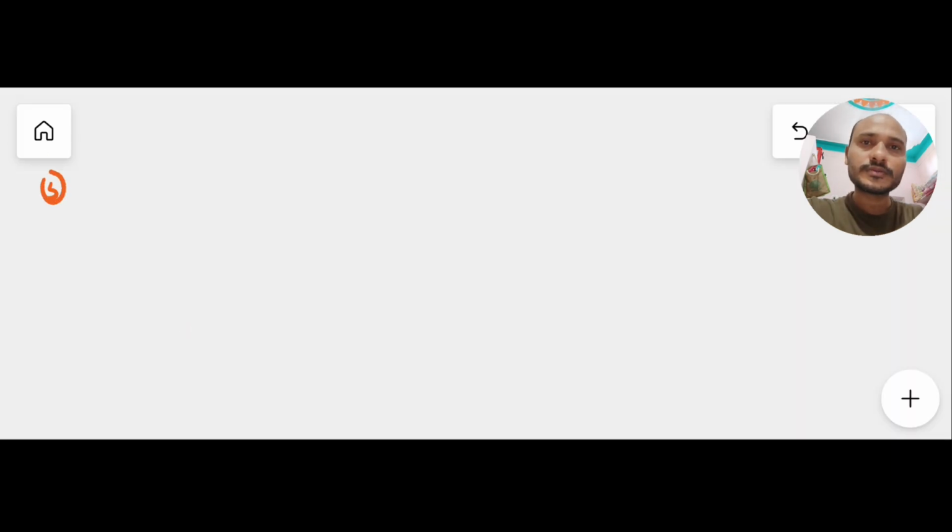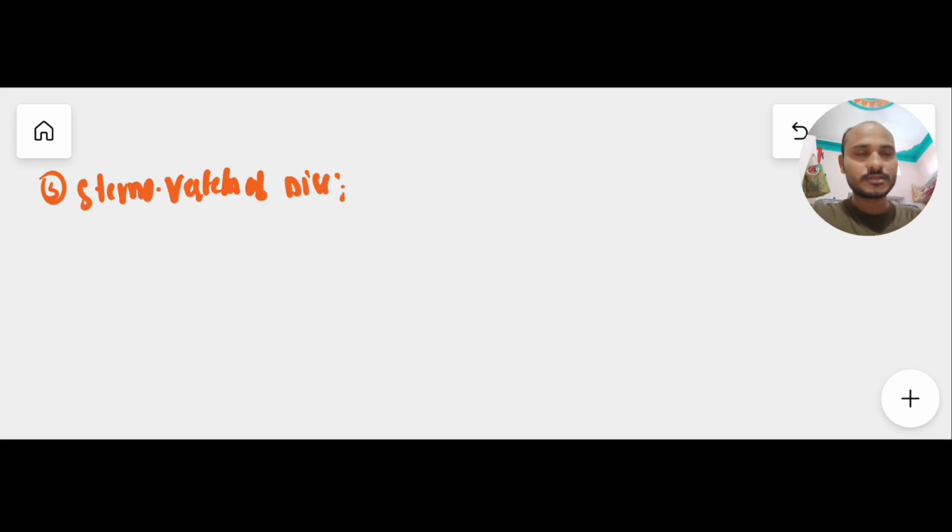Third example for cartilaginous joint: the sternovertebral disc, meaning the joints present between vertebral bones and the sternum. For example, here we have the sternum bone or chest bone, and there are 12 pairs of rib bones. One side of these 12 pairs is attached to the vertebral column and the other side is attached to the sternum.